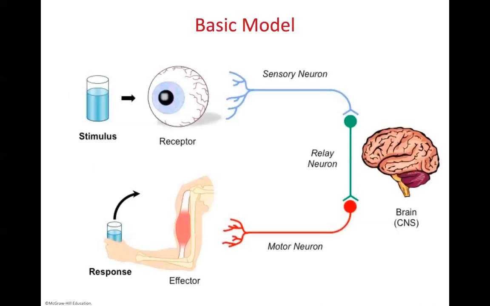So here's our basic model again, showing how the sensory system fits in with the nervous system. The stimulus is something that's detected by specialized receptor cells. In this case, it's photoreceptor cells in this specialized organ, the eye. Those specialized receptor cells detect the stimulus, and they stimulate sensory neurons that pass that information along to the central nervous system, where it gets processed.